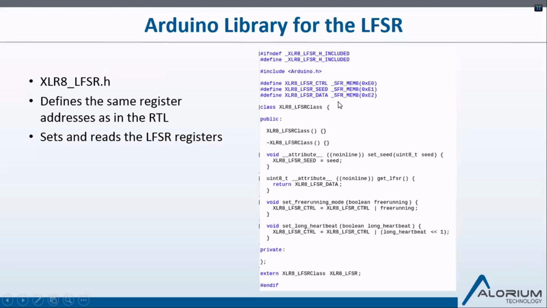There are the control, seed, and data registers, and the addresses of those registers match exactly what we defined them as in the RTL. You can set the seed, you can get the result of the LFSR, and you can control the bits in the control register. That's really all the software layer is doing to talk to the RTL burned onto the board now.